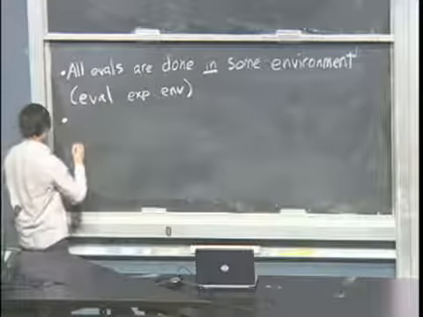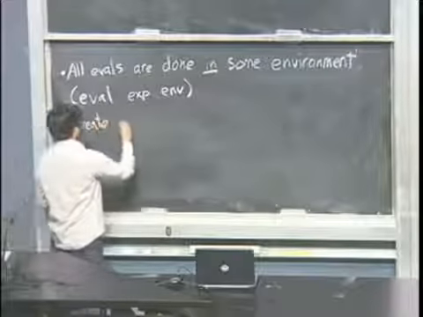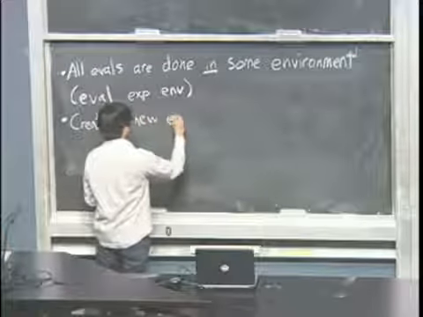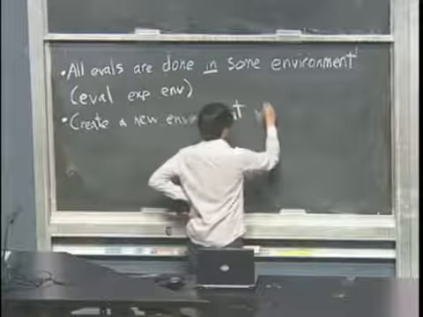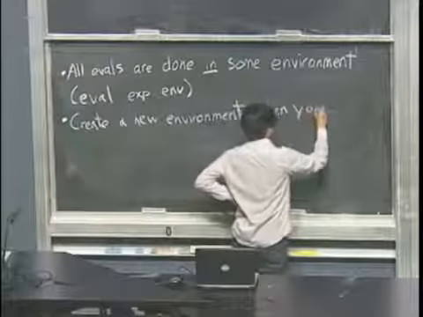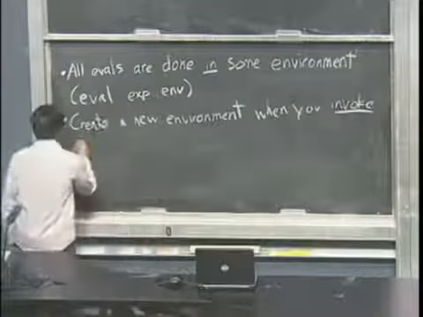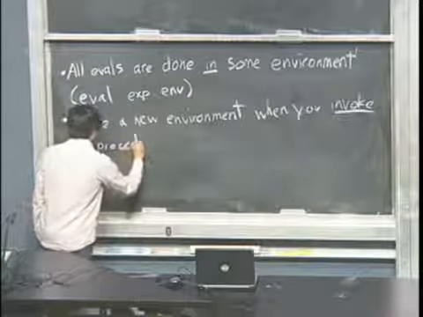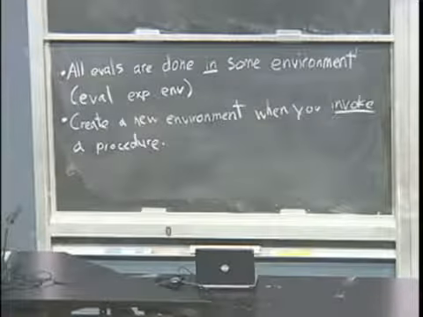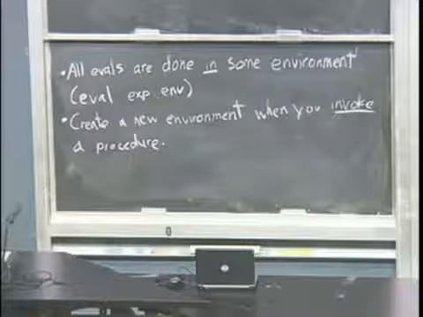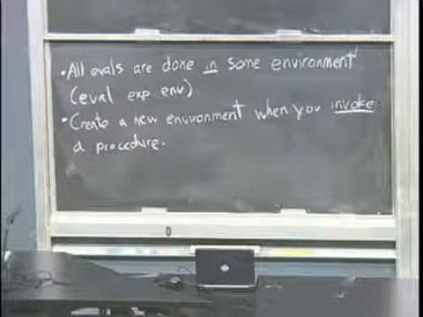So create a new environment when you invoke a procedure. And in this class, after 7 odd weeks, whenever you think of procedure or function, you think of, yeah, lambda. So naturally, let's proceed to how lambdas are treated.